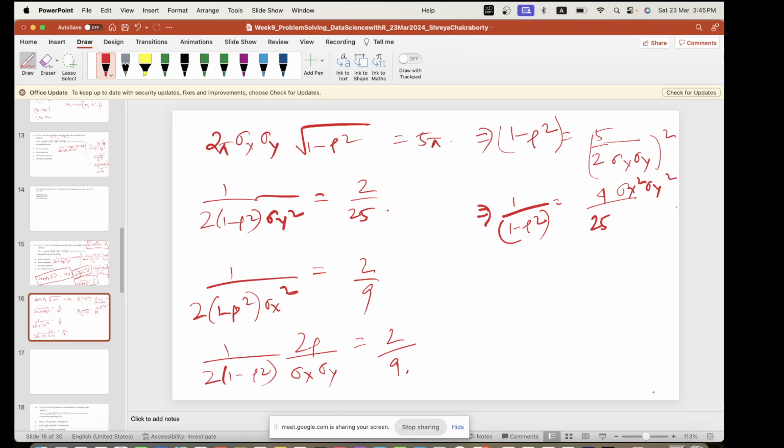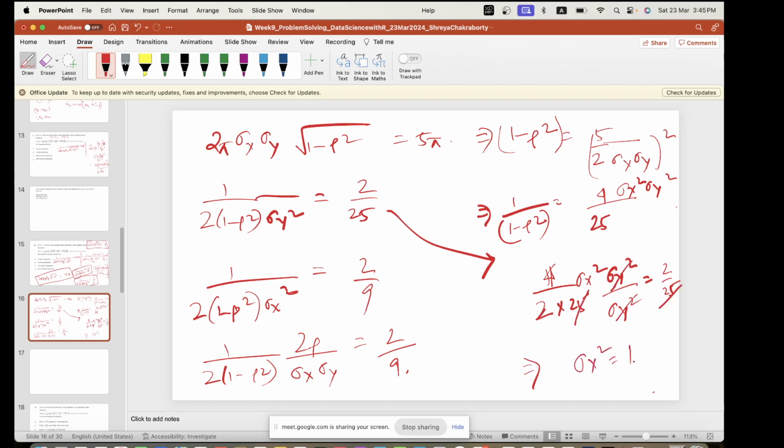So substituting here, 4 into 25 sigma x square sigma y square by sigma y square equal to 2 by 25. So this cancels, we have sigma x square equal to 1.